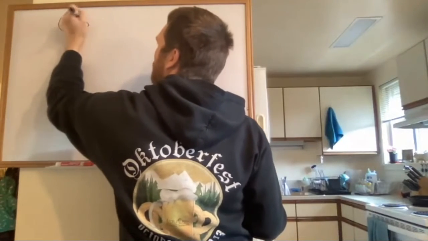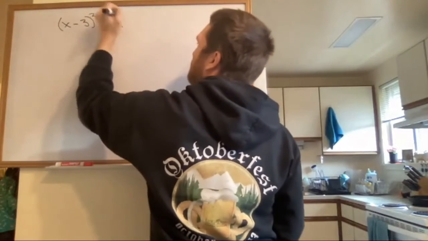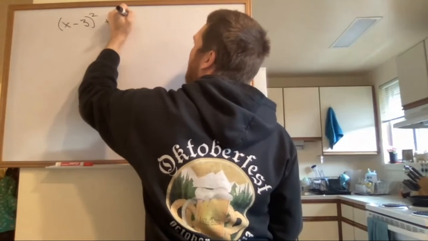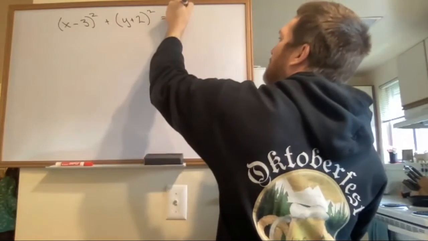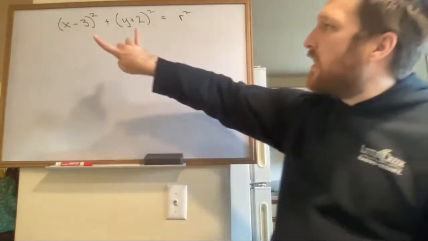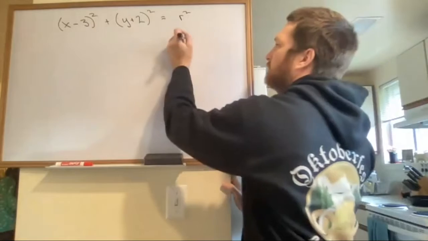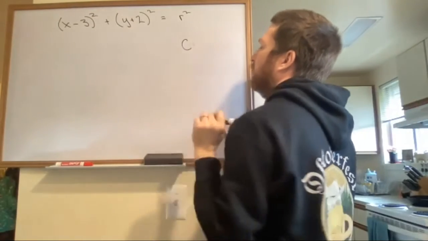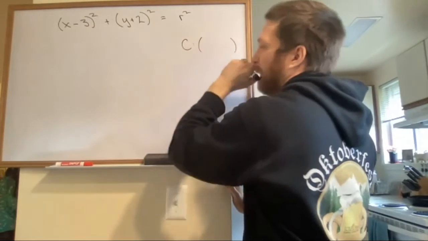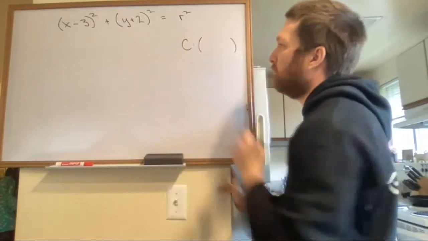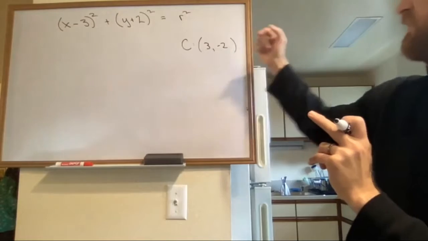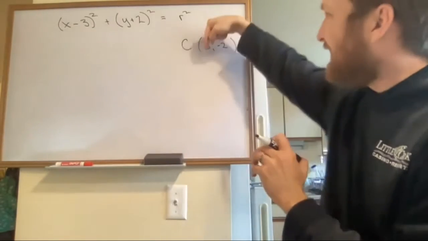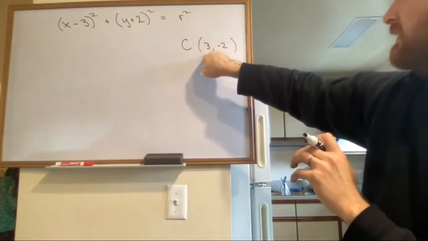So like with a circle, when I had x minus 3 squared plus, let's say, y plus 2 squared equals whatever the radius is squared, where did the center end up for that guy? 3, -2. In other words, we took a regular old circle, we shifted it to the right 3 and down 2. And so that's why it ended up there.